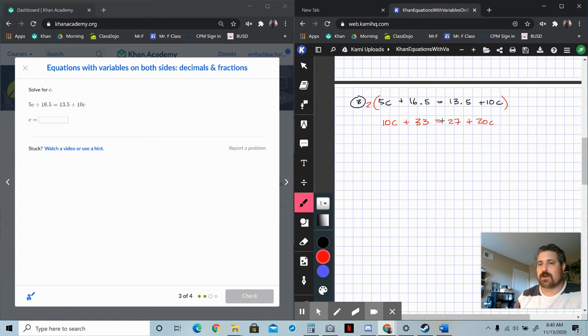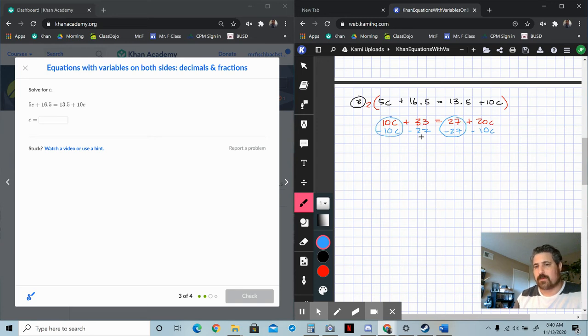You're now going to get all your c's to one side, all your numbers to the other. So I would take away 10c from both sides. And since I'm going to bring the variables to the right, I'm going to bring the numbers the other way. So I'd minus 27 or add negative 27 to both sides. Now you're going to get a 0 pair here. That's worth nothing. You're going to get a 0 pair here. That's worth nothing.